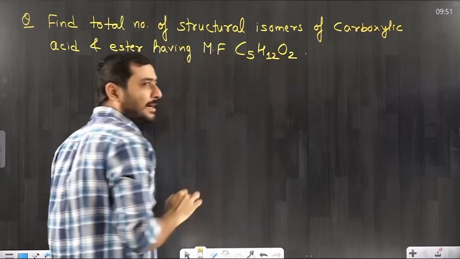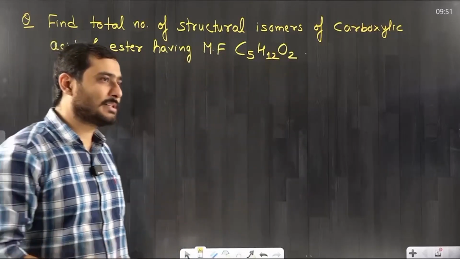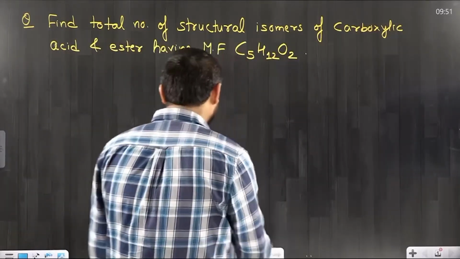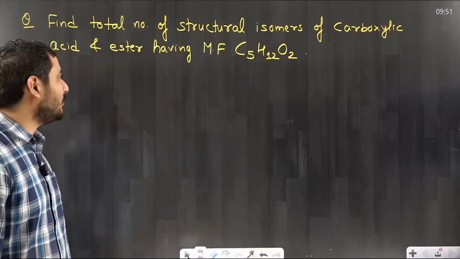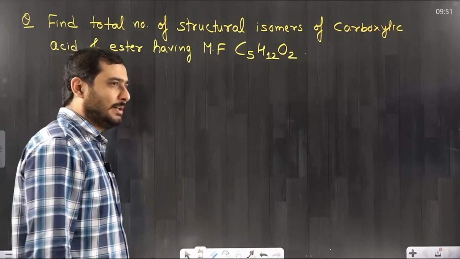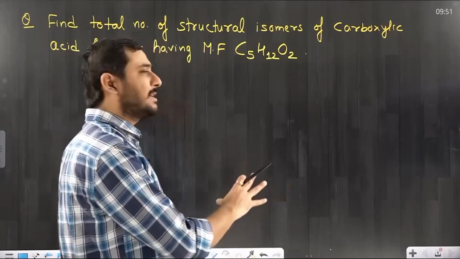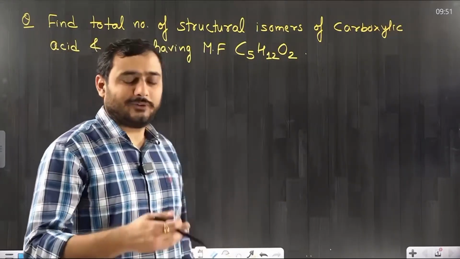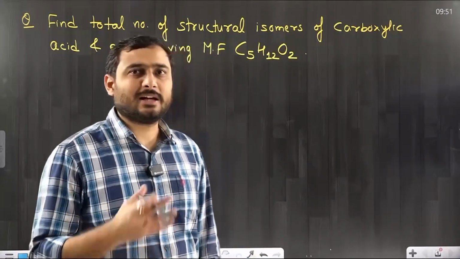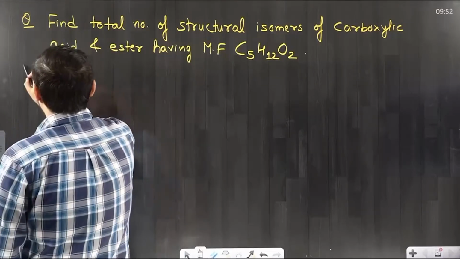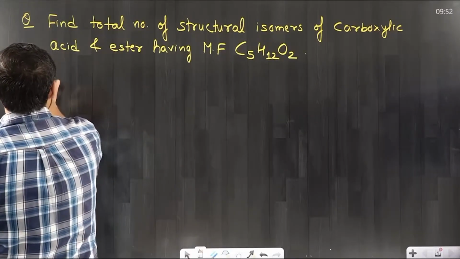Because in carboxylic acid and ester, how many oxygen atoms are present? 2 oxygen atoms are present. So for C5H10O2, what we have to find? Carboxylic acid and ester. Now easier is carboxylic acid. In ester we have to take different cases. So representation is important for ester as well as carboxylic acid. So let us first start with carboxylic acid.